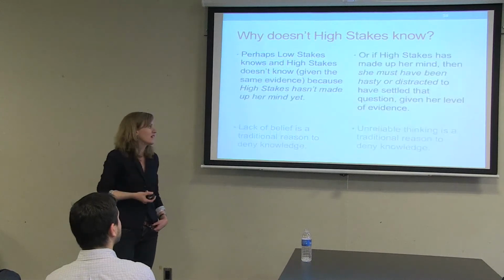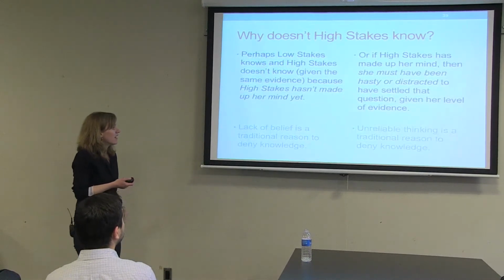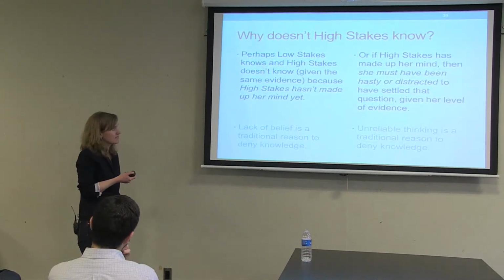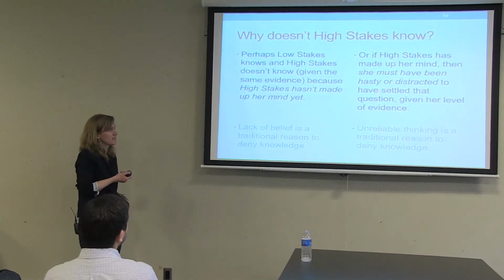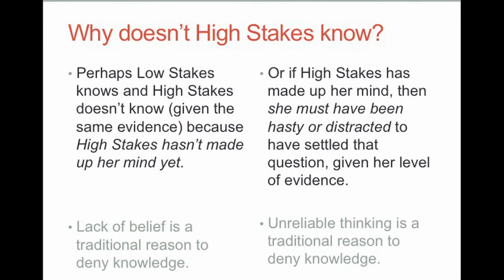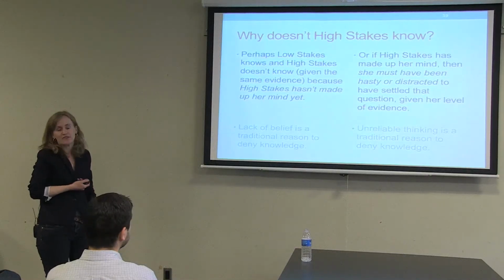Okay, partly because of that kind of criticism, people decided to start talking about versions of the case in which it was much more explicitly stipulated that our high-stakes character, despite her burning high stakes and her skimpy evidence, was making up her mind, confident.